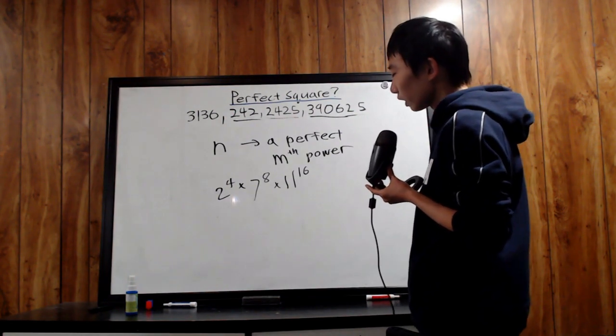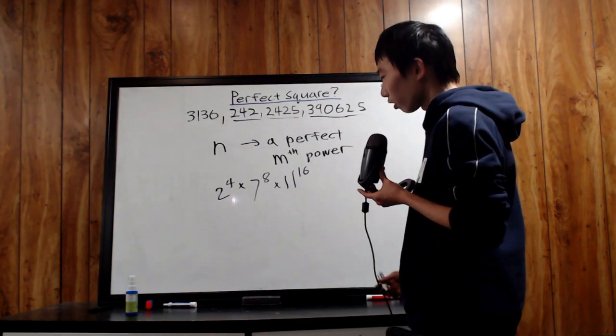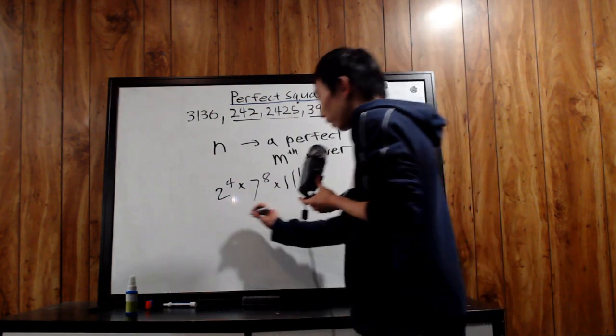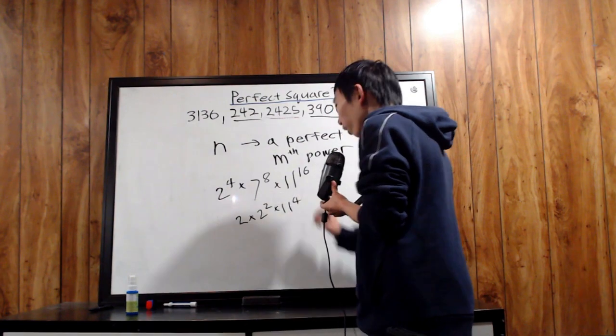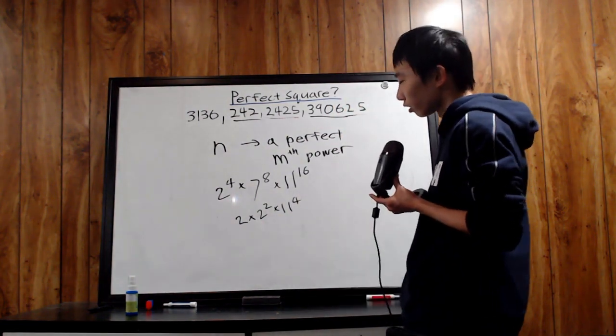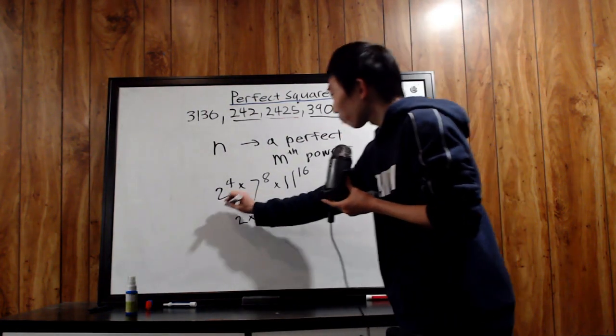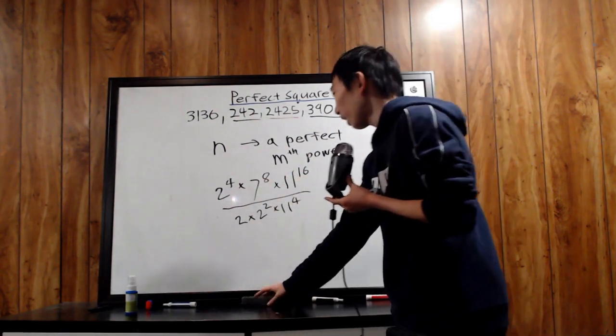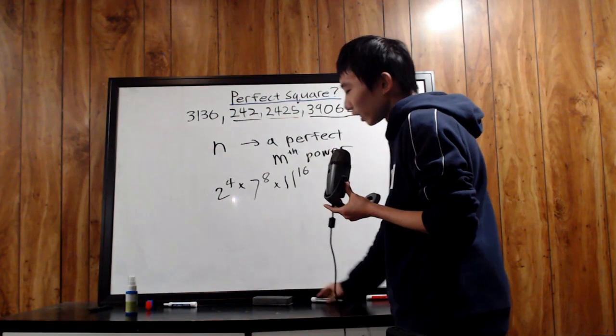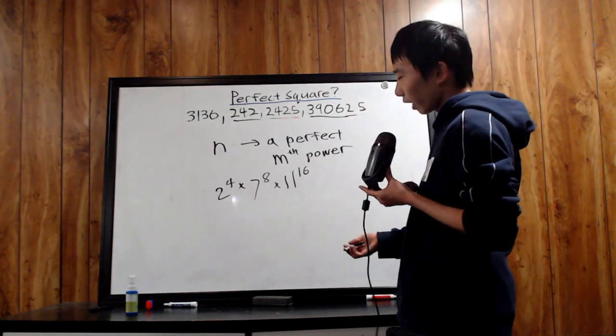And we can even see that if we take the 4th root of this number, it would just be 2 times 7 to the 2 times 11 to the 4. That would be the 4th root of this number. In fact, this is even a perfect square because all the exponents are even. And you can do this with anything, even for perfect 100th powers.